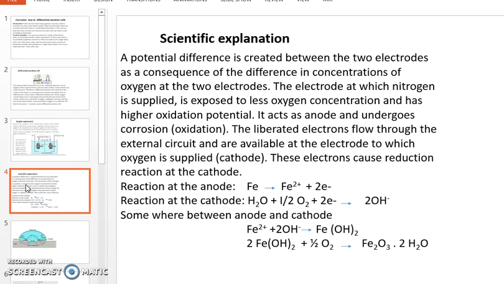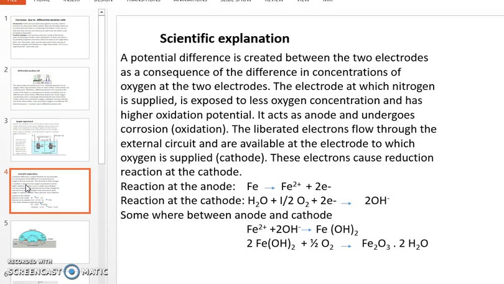The electrode at which nitrogen is supplied is exposed to less oxygen because this nitrogen gas expels some of the dissolved oxygen. This electrode, which is exposed to less oxygen concentration, has higher oxidation potential.